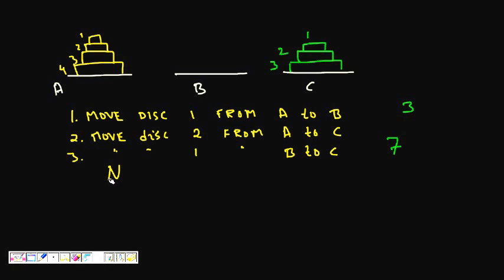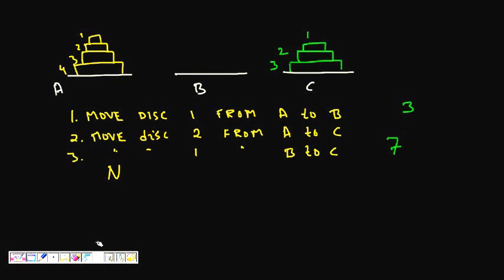Make this problem smaller in size and solve it, and then try to reconstruct the solution for the larger problem. So what is the solution? To move n disks from peg A to peg C, first try to move n minus 1 disks from peg A to peg B.